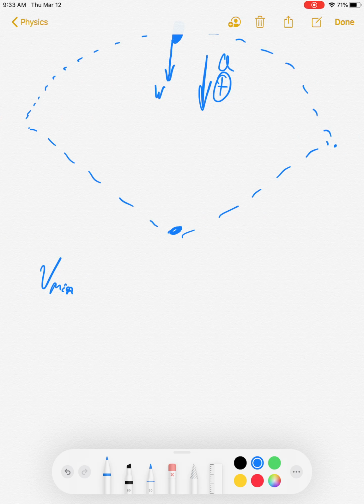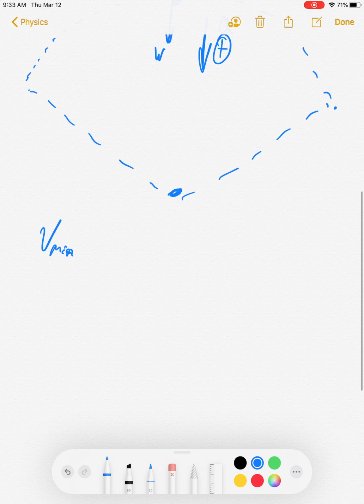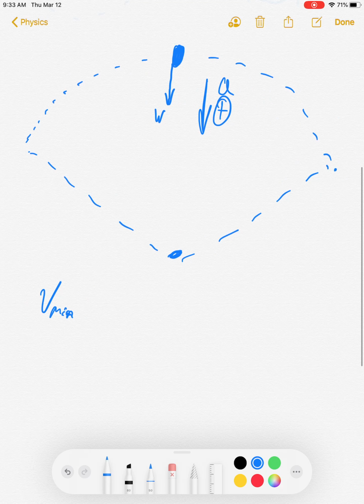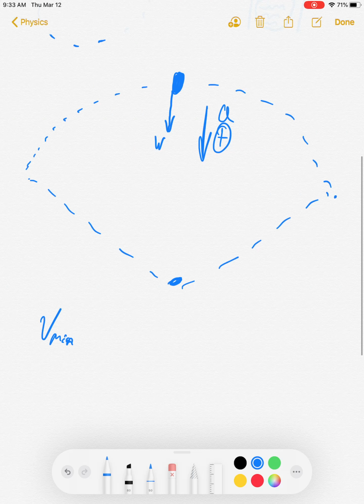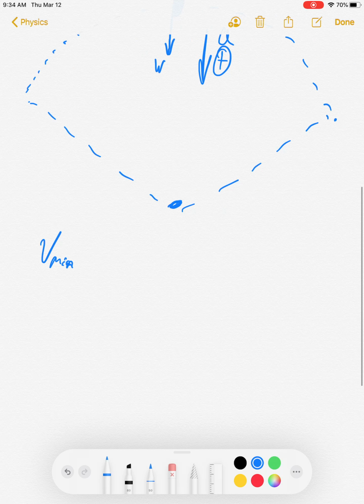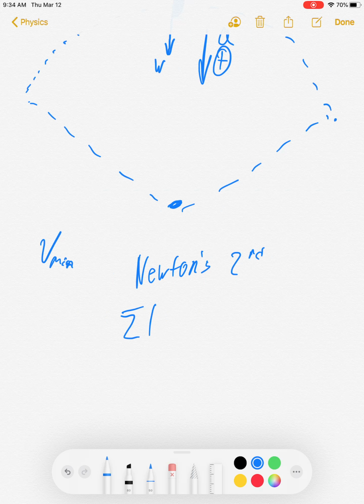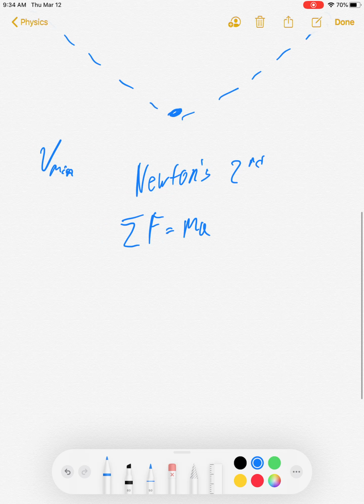And so we know that there's acceleration because the trajectory is a curved trajectory, so there's some kind of turning involved. And so that means we have to use Newton's second law, which states that the net force is equal to ma. And in this case, I'm going to specify that the net force in the y direction is equal to m a_y.